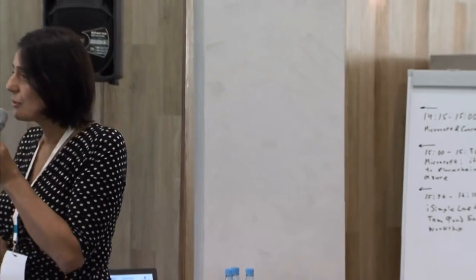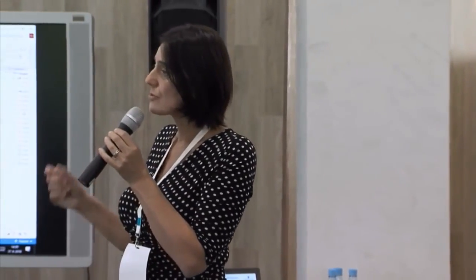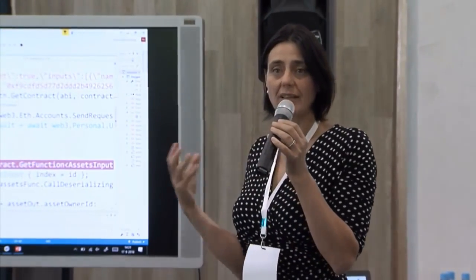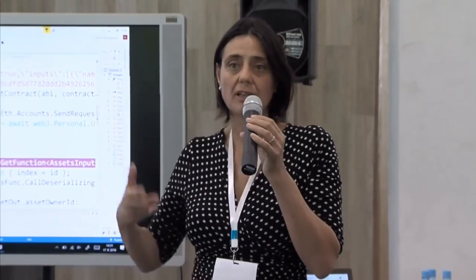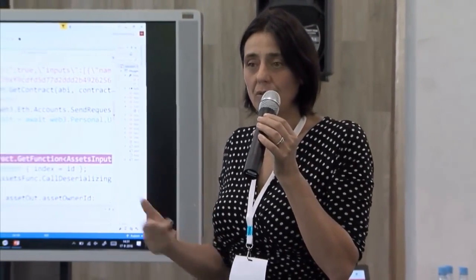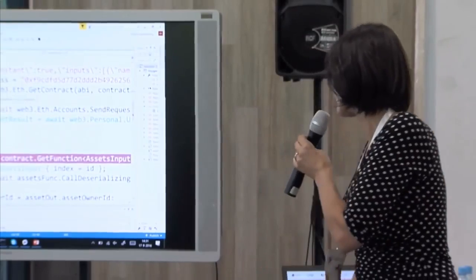And after you have deployed your contract, you can use the ABI and the address to get a connection to an instance of that contract on the chain, and then start working with it. And of course, you can then send transactions and run against your contract.